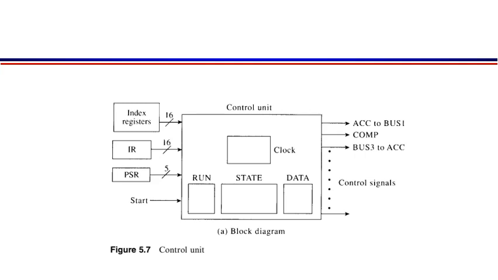The other part which is given as an input to the control unit is the instruction register. All the information related to the instruction, we all know that it is in the instruction register. During instruction fetch process, the instruction is fetched from the memory and it is given to the instruction register through memory buffer register. So the instruction will be in the form of instruction format.